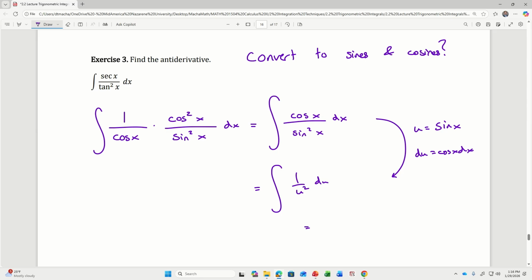What's the antiderivative of 1 divided by u squared? Cosecant squared. 1 divided by u squared would be 1 divided by sine squared, which is cosecant squared. But I'm talking about just take the antiderivative, right? If you have u to the negative 2 power, what's the antiderivative with respect to u? Negative 1 over u.